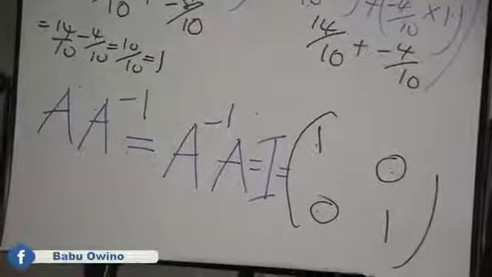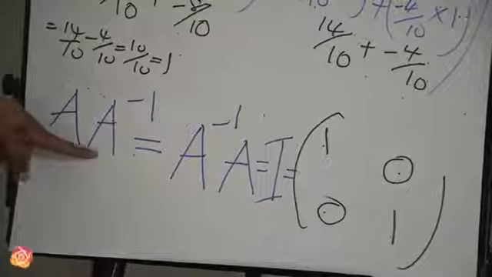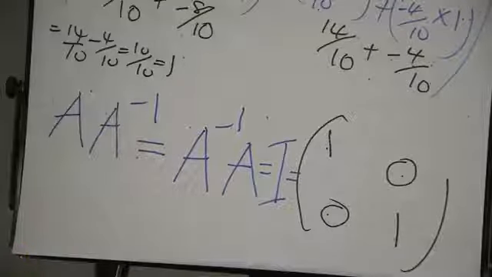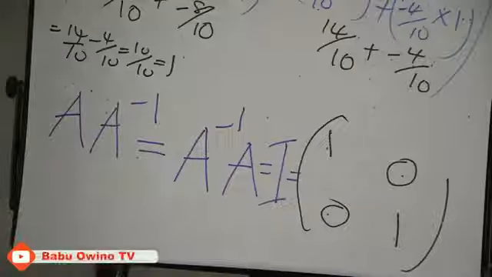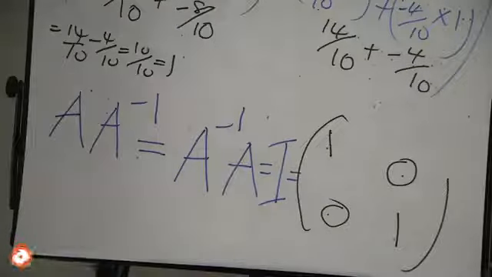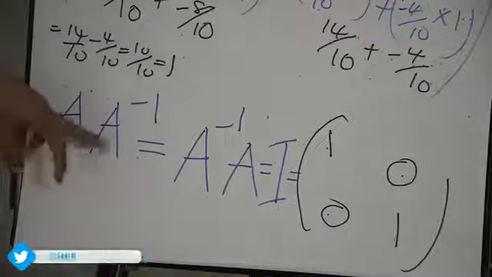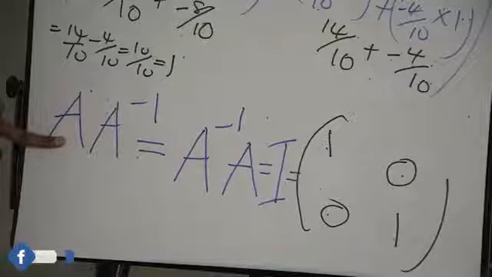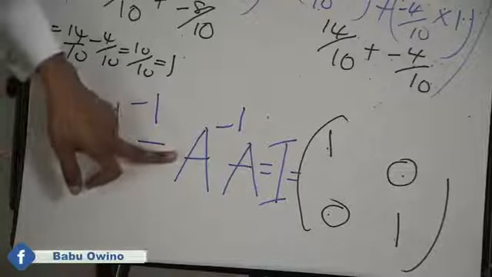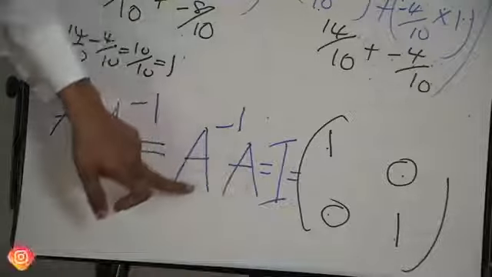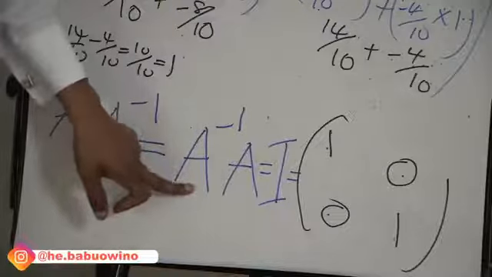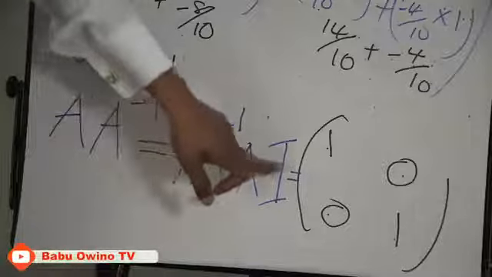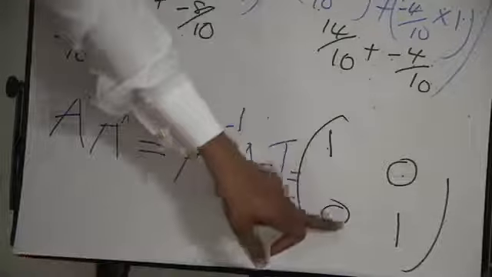So, in short, another thing you can note, I'm saying the same thing, I'm just saying it differently. When you pre-multiply the inverse of A by A, or pre-multiply A by the inverse of A, you get the identity matrix, which is 1, 0, 0, 1.